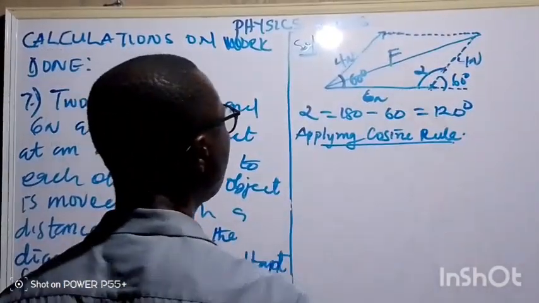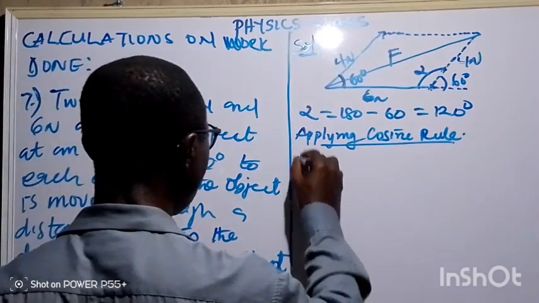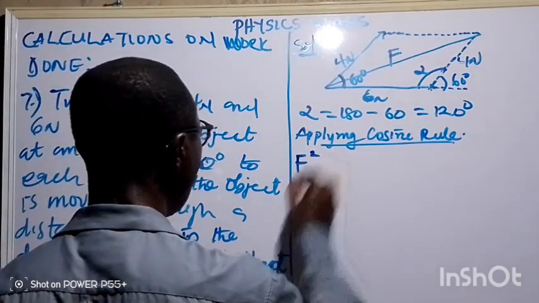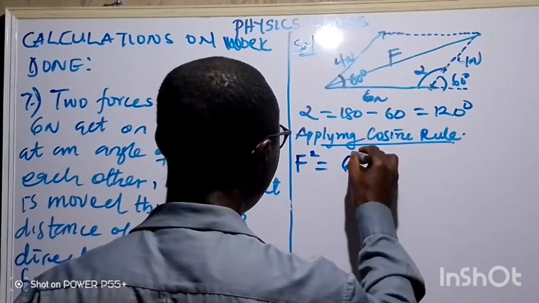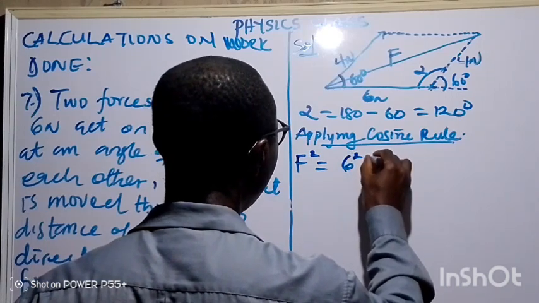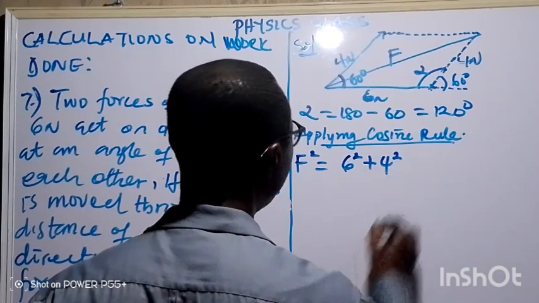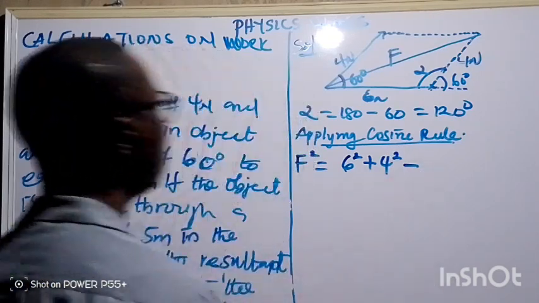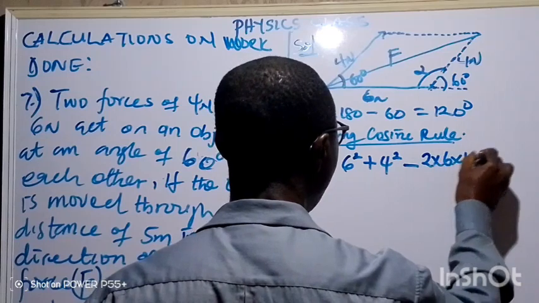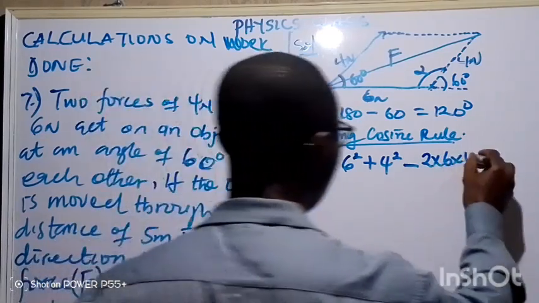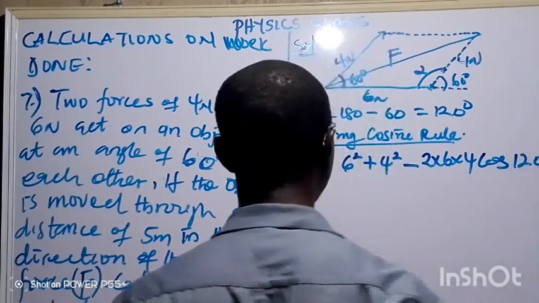Applying the cosine rule gives us F square equal to 6 square plus 4 square minus 2 multiplied by 6 multiplied by 4 cos 120 degrees.